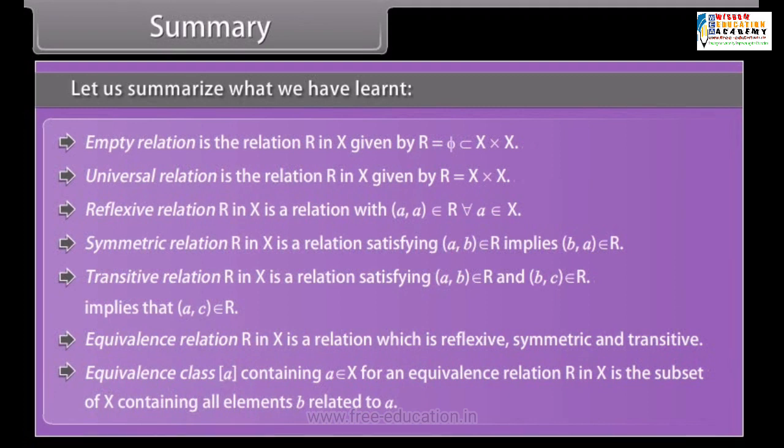Equivalence class [a] containing a belongs to X for an equivalence relation R in X is the subset of X containing all elements b related to a.